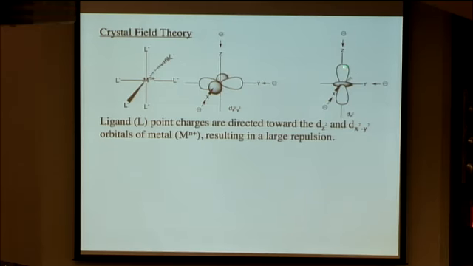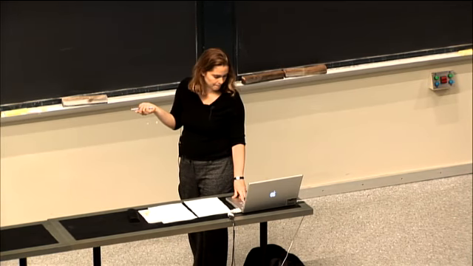So if you had a ligand right up here along z, that would be a very close interaction. In this case, you're going to have ligands along x and y, again pointing directly toward the orbitals. That would be quite repulsive.